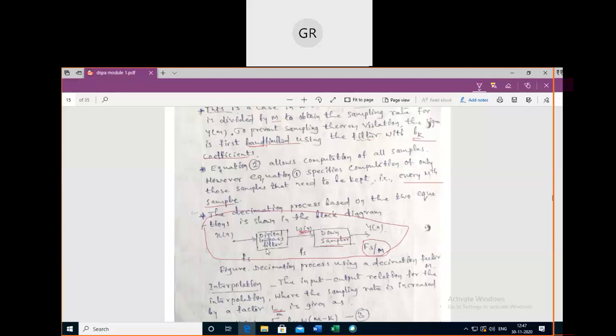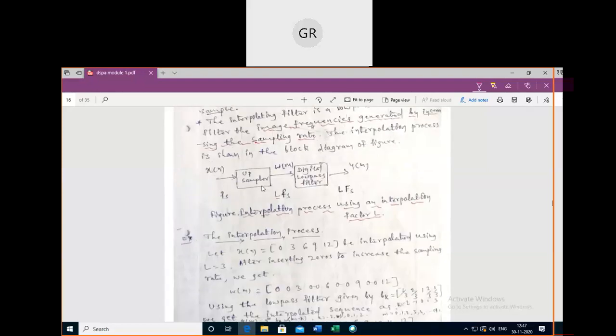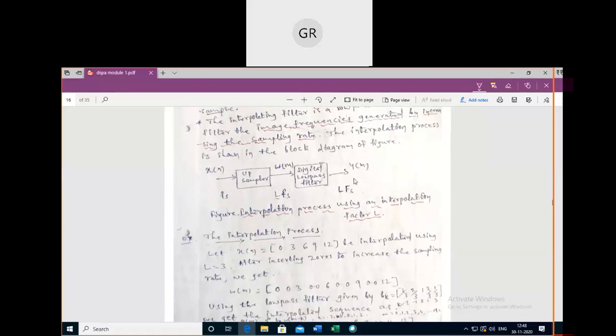When we send the values to the downsampler, some samples are dropped. But when we send it to the upsampler, we increase the sampling rate. To avoid violation of the sampling theorem, we send it to the digital low pass filter. This is about the interpolation process.